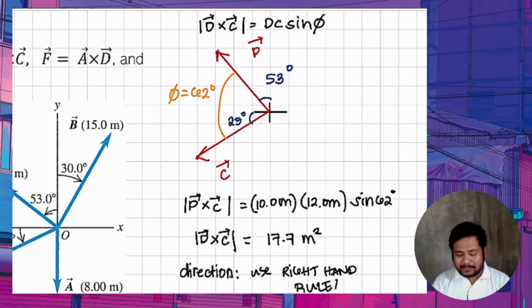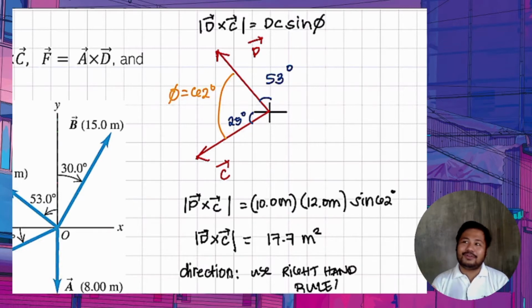So this one, our vectors D and C are just in two dimensions. You have their x and y. They are present in the x and y. So our vectors D and C are just positioned in the xy plane.